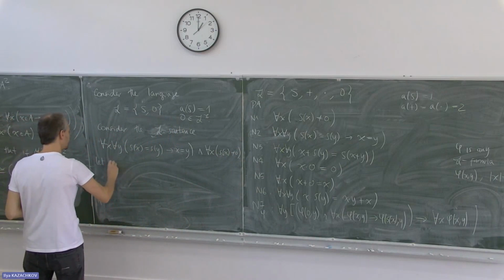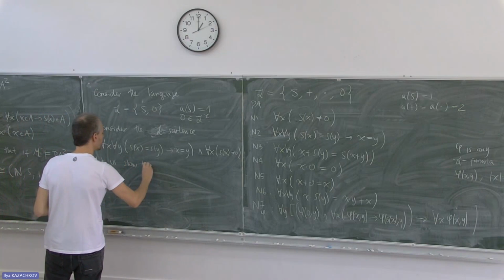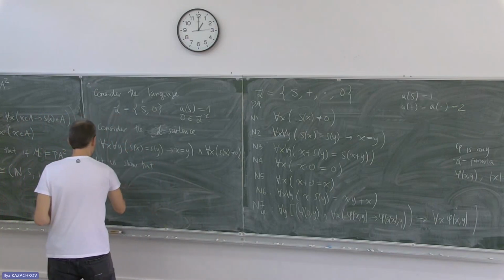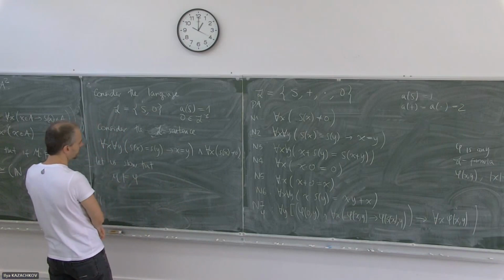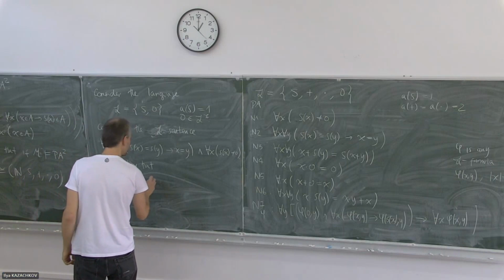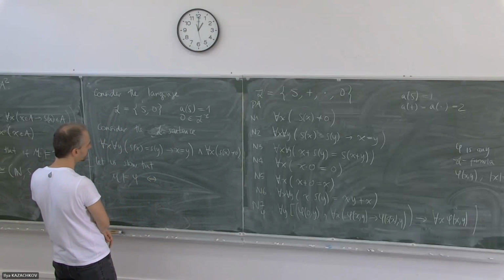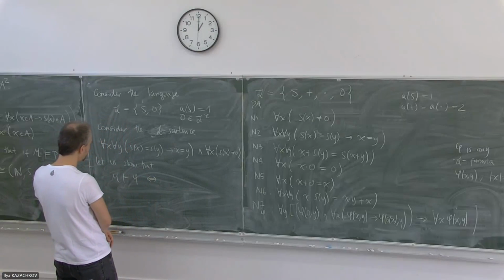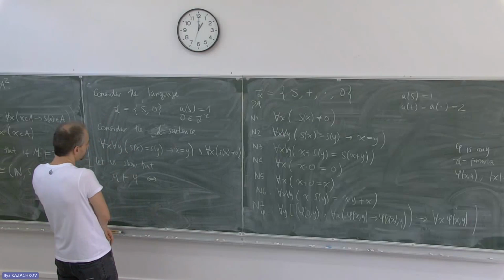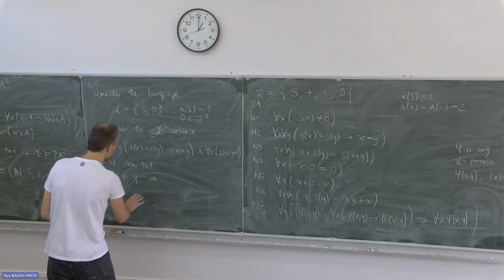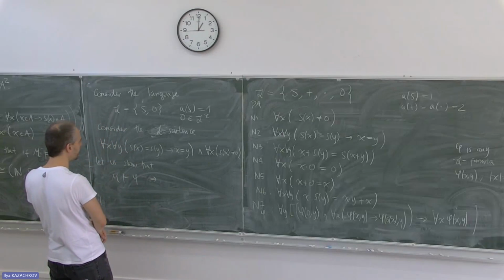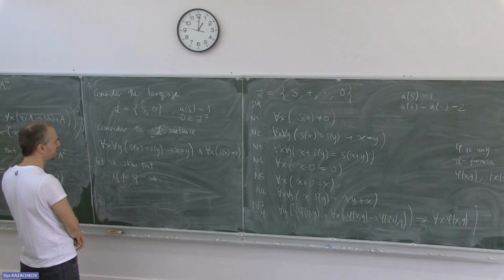Let us show that M satisfies phi, right? If and only if... well, that's true. That's correct. I can have even infinite structures which do not satisfy this sentence, right?